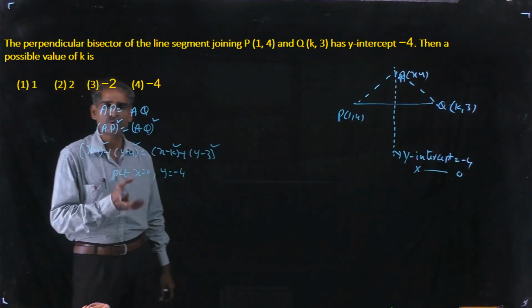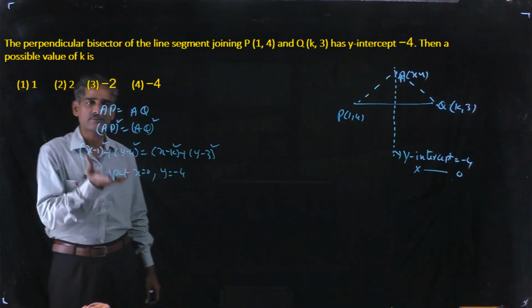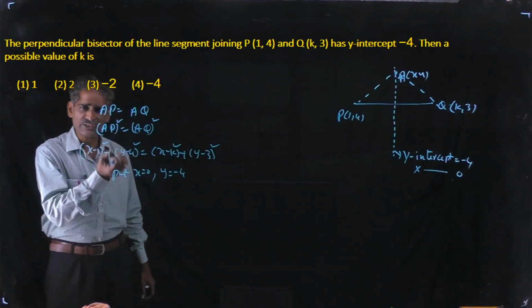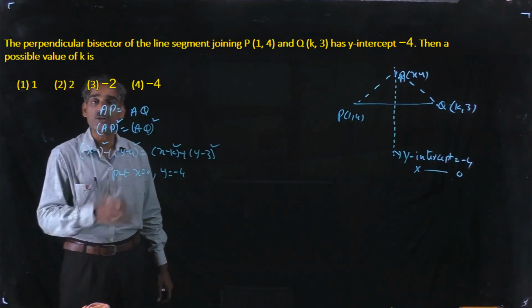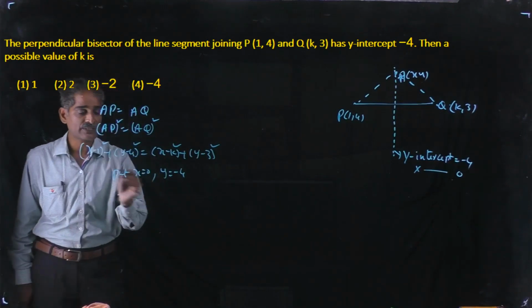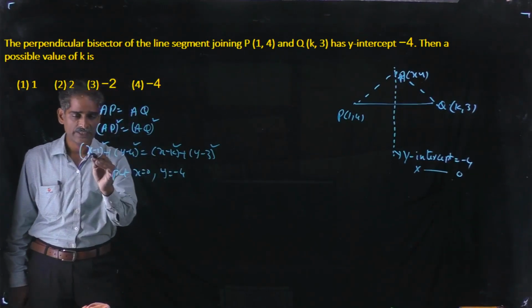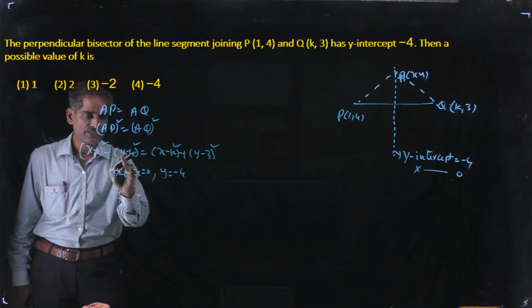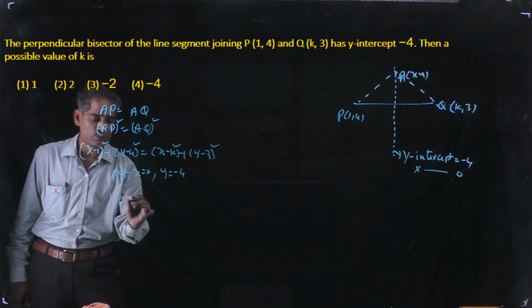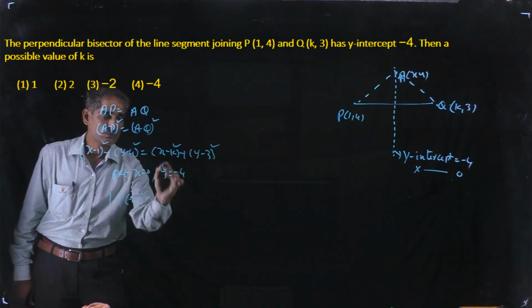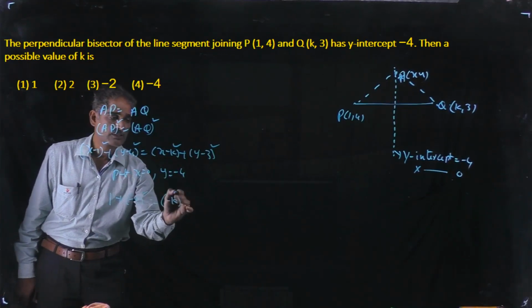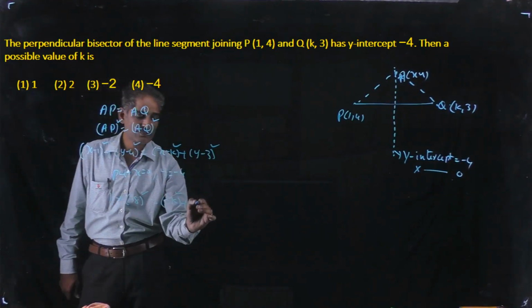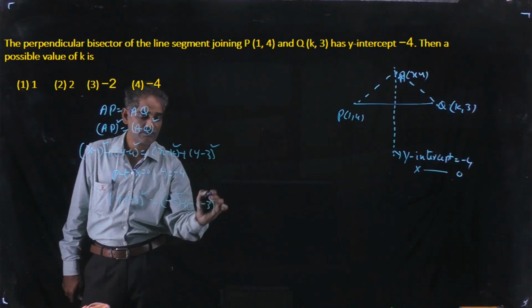It is very simple. We can complete this question in less than 20 seconds. So just put x equal to 0 and y equal to −4. With x equal to 0, (−1)² is 1. With y equal to −4, (−4 − 4)² = (−8)² is equal to (0 − k)² + (−4 − 3)².